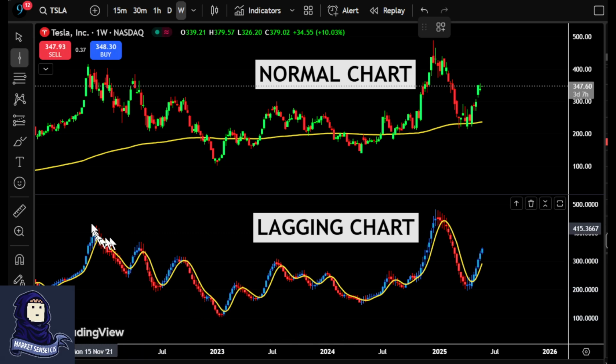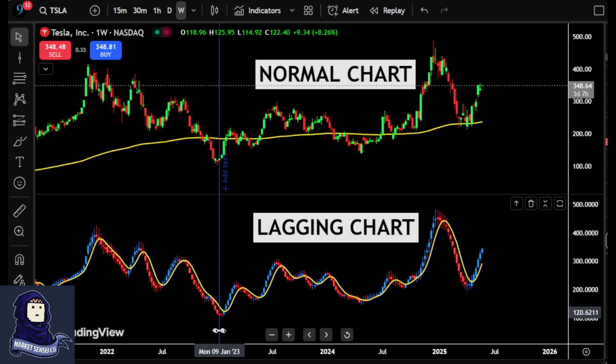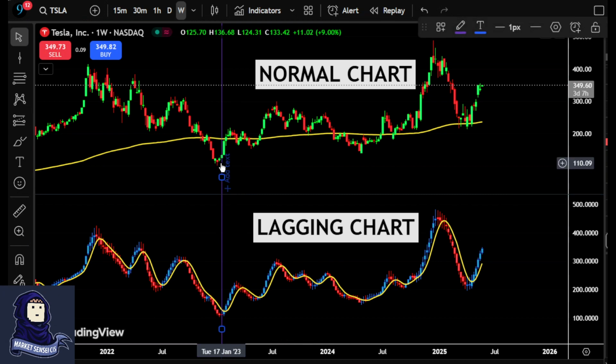Once you master using the lagging chart, it doesn't really lag that much. You can see here, if you try to enter when the momentum starts slowing down, somewhere around here, before the main move upwards, you still make a lot of money when the move goes up, right?